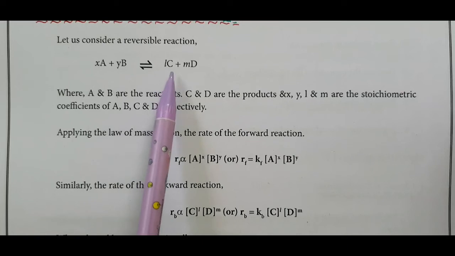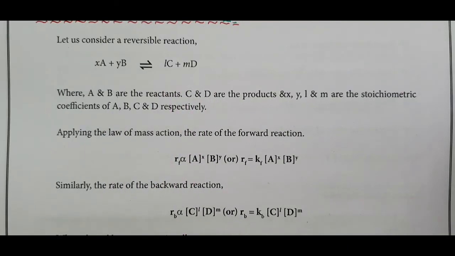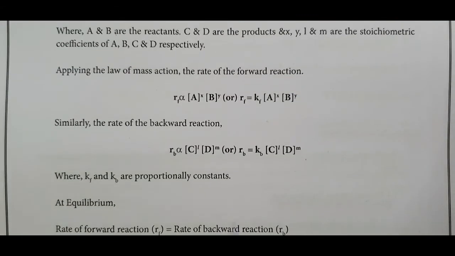In backward reaction, C and D are reactants, A and B are products. Rate of backward reaction is directly proportional to product of concentration of C and D, raised to their power l and m. To convert the directly proportional sign into an equal sign, we add a constant, that is rate constant for the backward reaction, where Kf and Kb are proportionality constants.